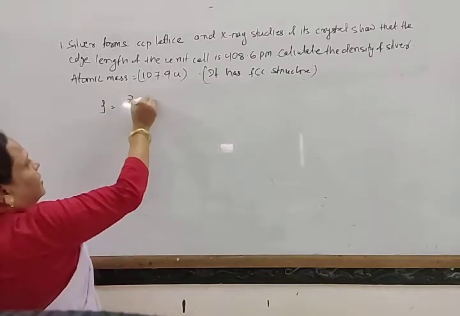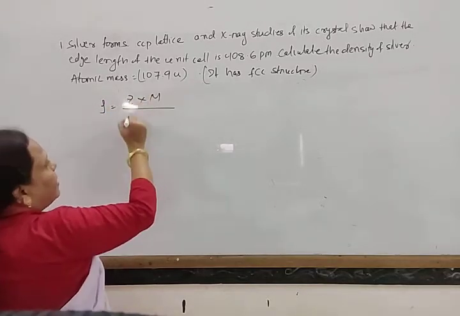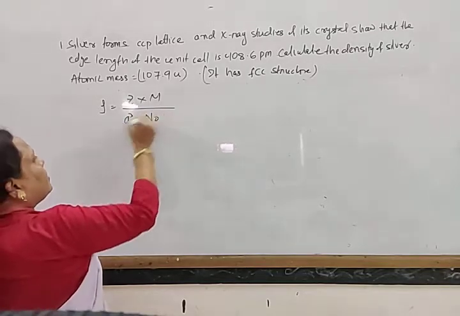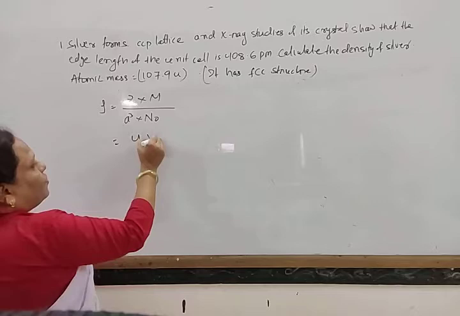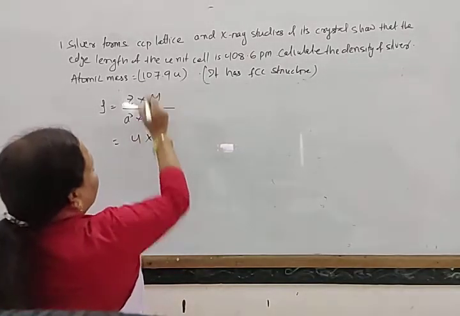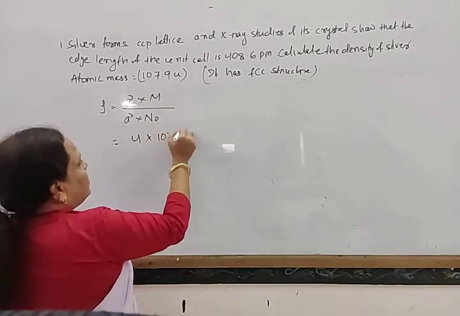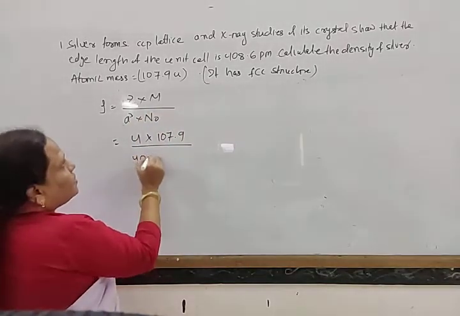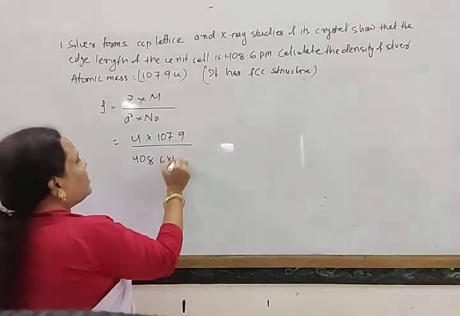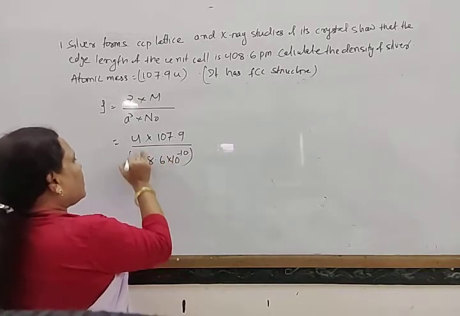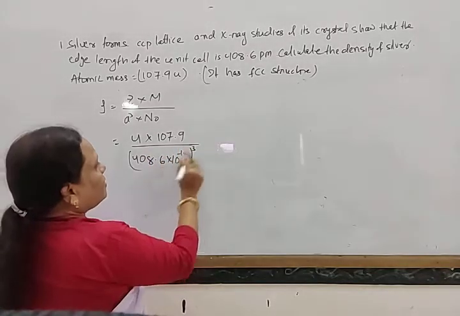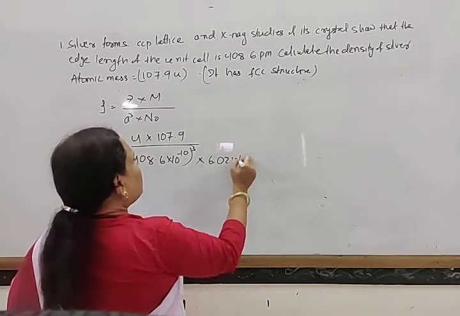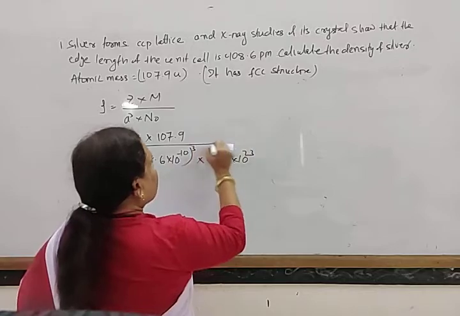Rho equals Z into M by a cube into N naught. So Z equals 4, and M given is 107.9. The a value given is 408.6 times 10 to the power minus 10, cubed, into N naught, given as 6.02 times 10 to the power 23.